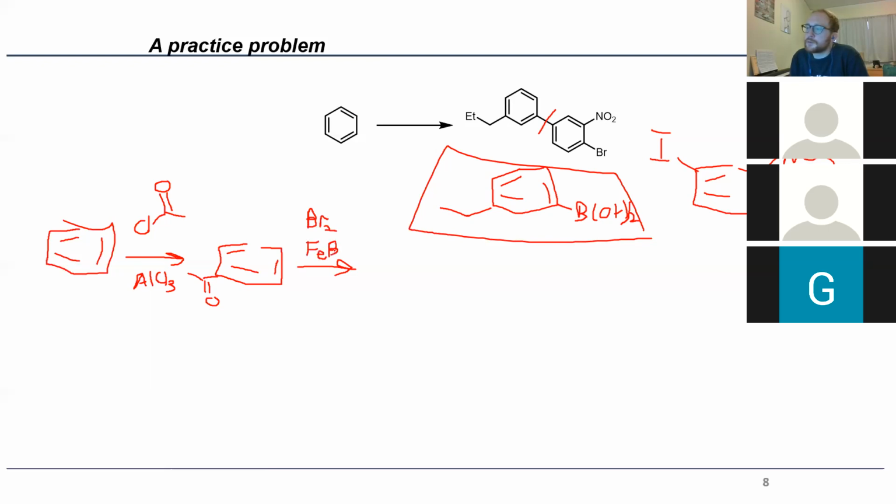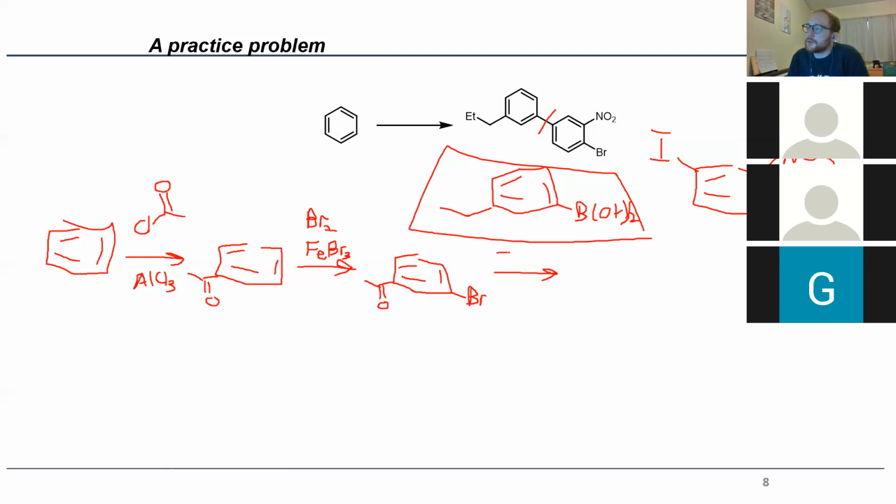We learned at the end of the class a couple of ways of turning halogens into boronic acids. And so my goal here will be to introduce a bromine that we can change into our boronic acid. We're going to learn some other ways to introduce boronic acids, but one of the great ways is always through a halide.